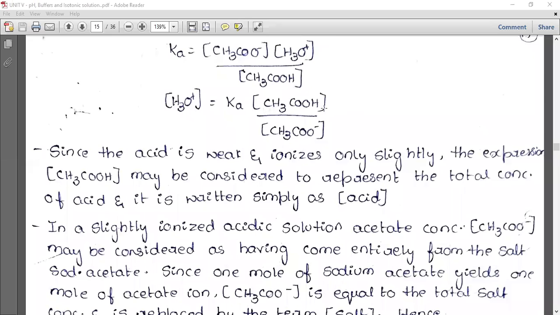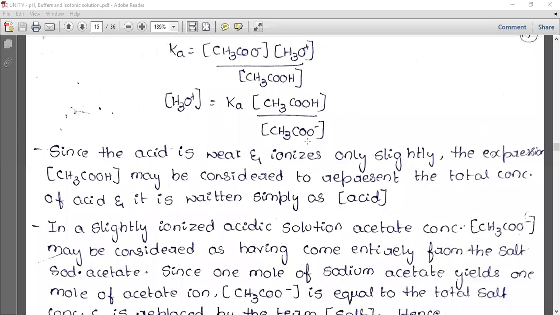Whereas acetic acid, since it is partially dissociating, you cannot expect it to give complete 50-50 molecules each. Maybe acetic acid would have given around 12 molecules of acetate ion and 12 molecules of H plus ion. How about the others? Because it is slowly dissociating, it would not completely dissociate at a time.